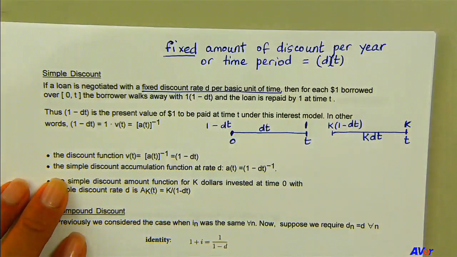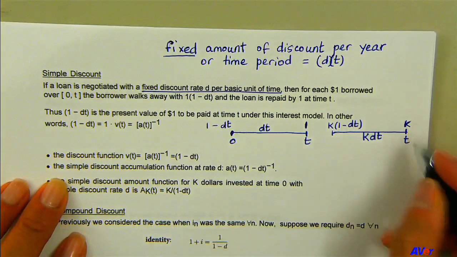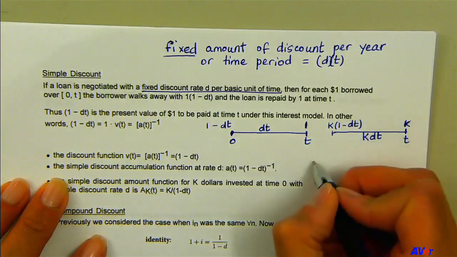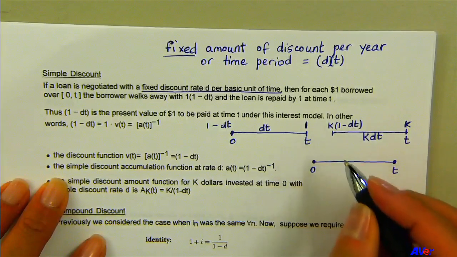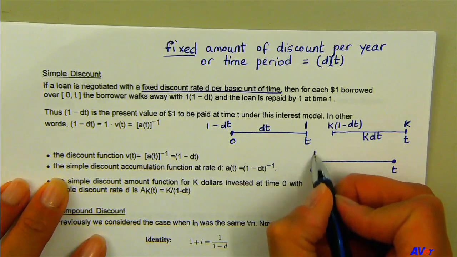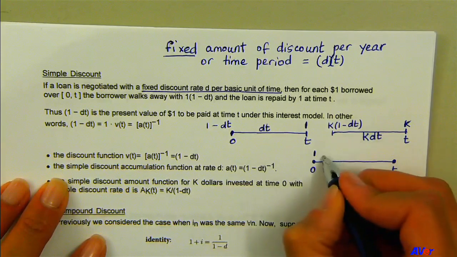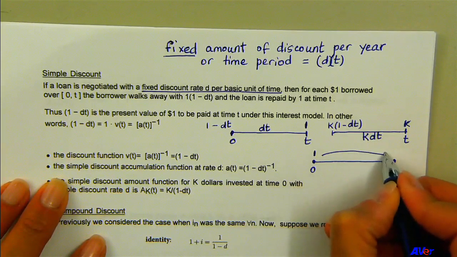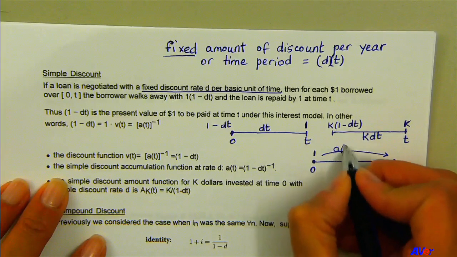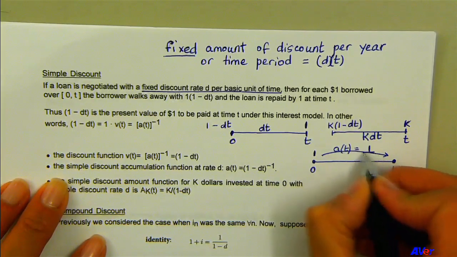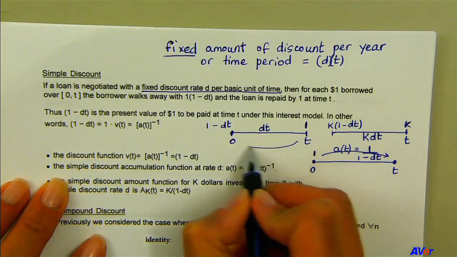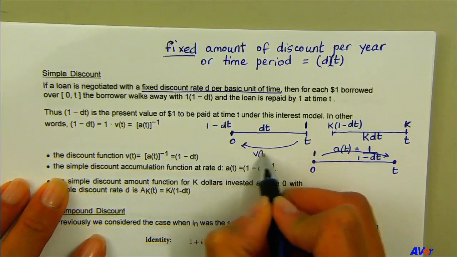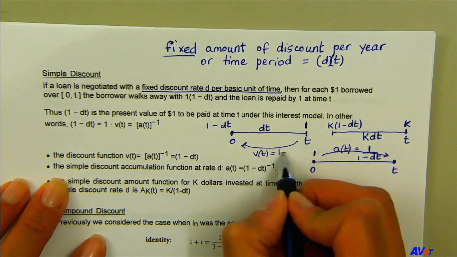So that means that the accumulation function a of t would be the following. This is t, this is 0. If I start with 1 here, this would mean that this accumulation function a of t would be 1 over 1 minus dt, because as I see here, v of t is equal to 1 minus dt.